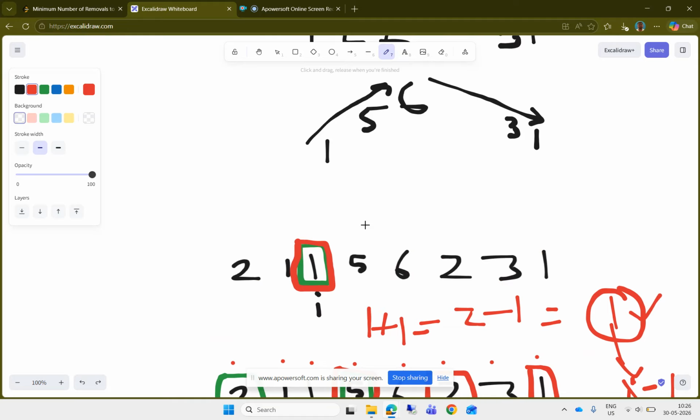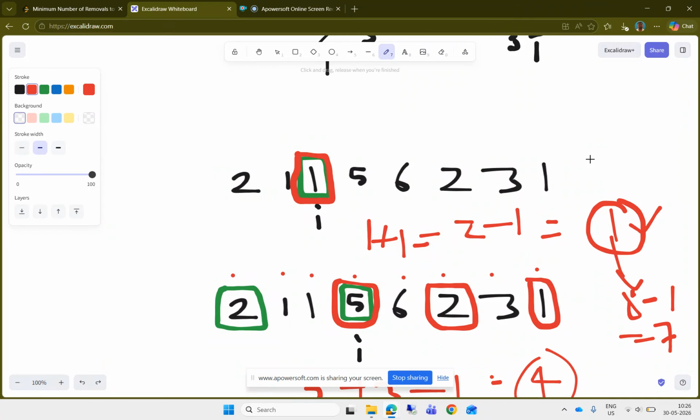So we will iterate I over the entire array, right? And then we'll try to figure out the length of the mountain array such that we have to remove the minimum number of elements. That means we have to find the maximum length of such a mountain array, and it has to be a valid mountain array.